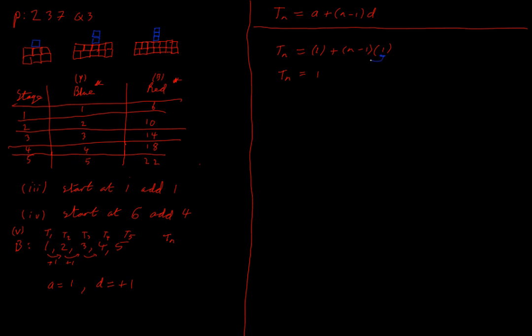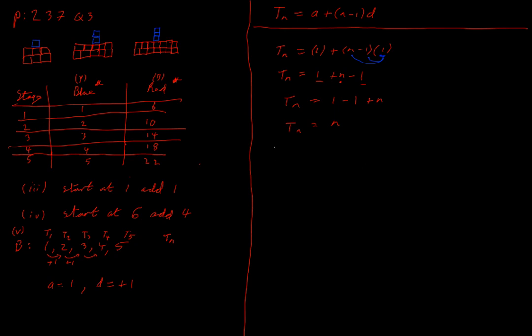I have a number outside the bracket, I multiply it by each thing inside the bracket, and I get plus n minus 1. Let's group my like terms together, and I have 1 minus 1 is 0, and I'm left with Tn is equal to n.